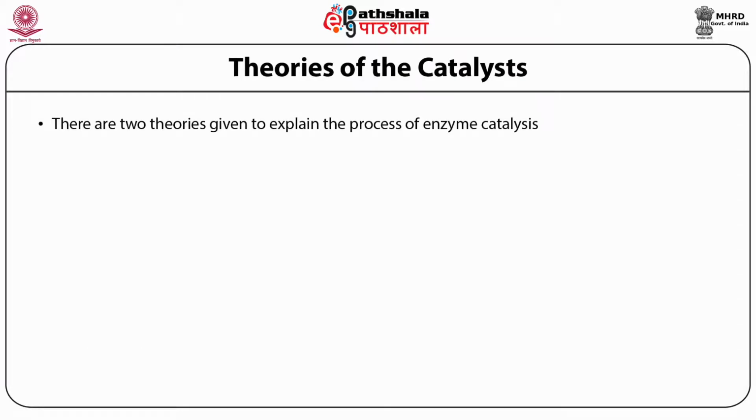There are two theories that are given to explain the process of enzyme catalysis. The first theory is collision theory, proposed by Strauss and Lewis, which is based on collision between reactant molecules.